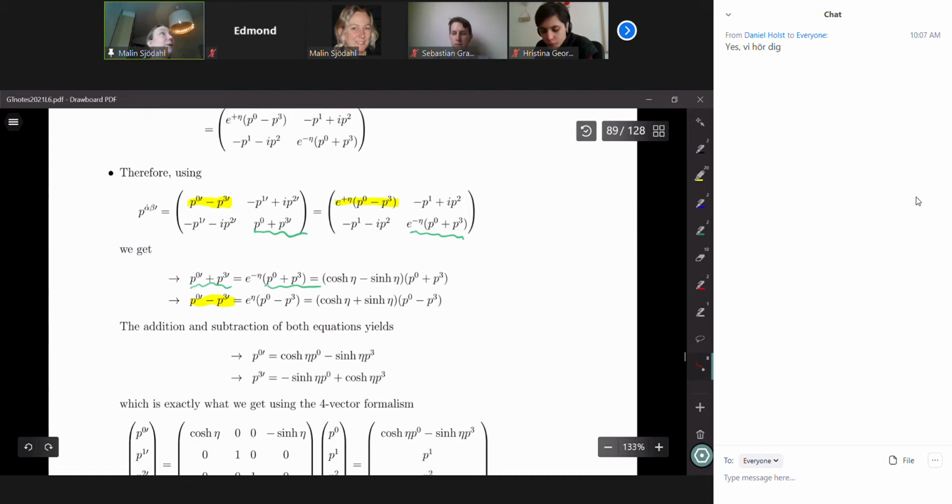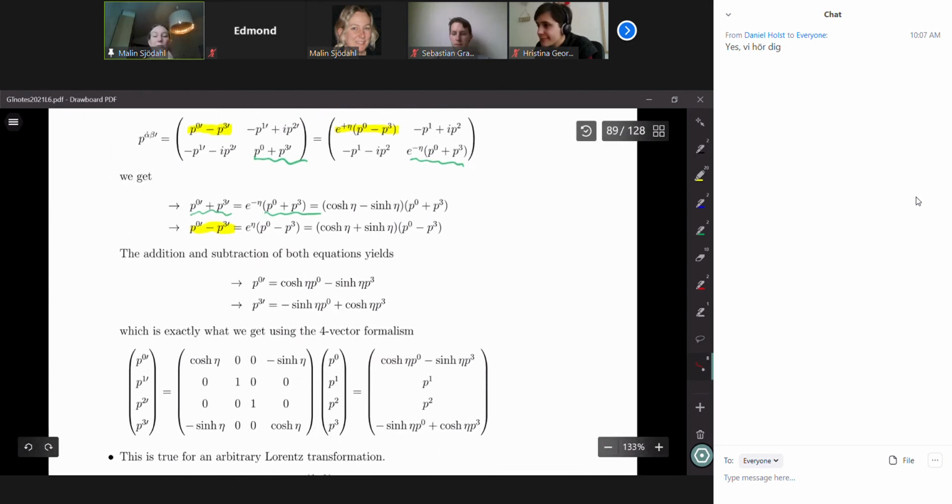And now I hope that this rings a bell for some of you, because now we can actually take what we have learned here, in combination with the fact that nothing happened to the p1 and p2, and compile it into one matrix. So we take a p0 prime, a p1 prime, a p2 prime, and a p3 prime, and we write here the coordinates.